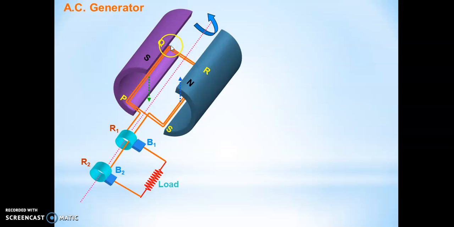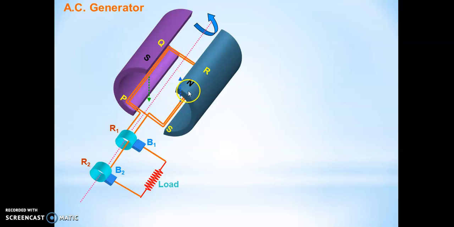Again, on the arm PQ and on the arm RS, there will be a force acting. This you can always find by using Fleming's right hand rule, which we have told you earlier. Now you can see that on the arm PQ a downward force will act, and on the arm RS an upward force will act.